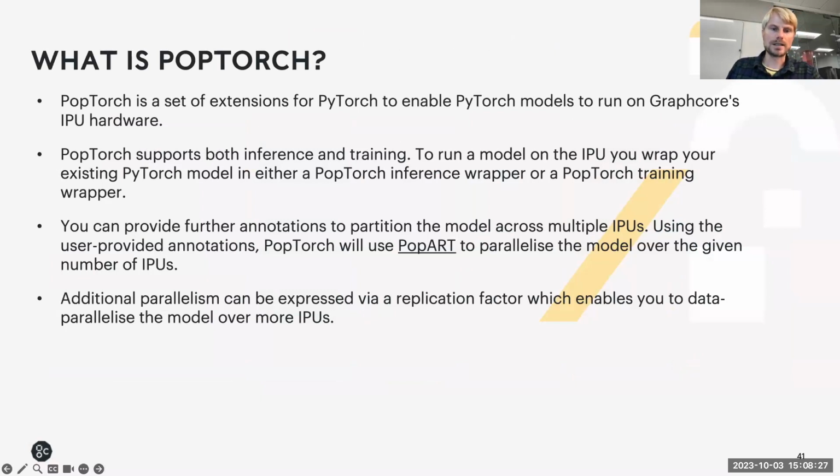And it's structured as wrappers for inference and training, model wrappers that extract the computational graph from your model, and can be used to pipeline a model across the IPUs or run with multiple replicas data parallel as well.